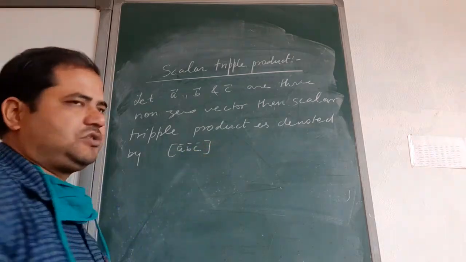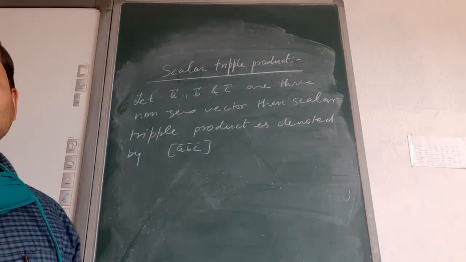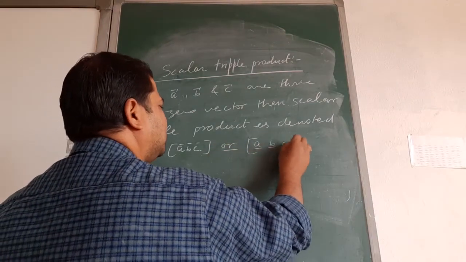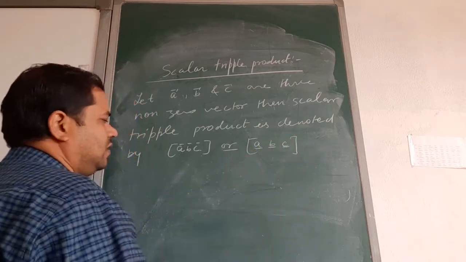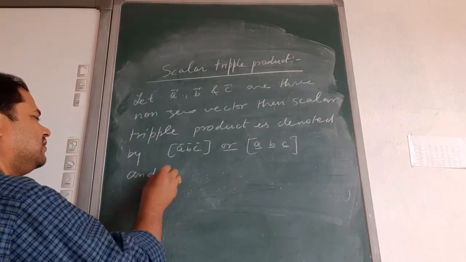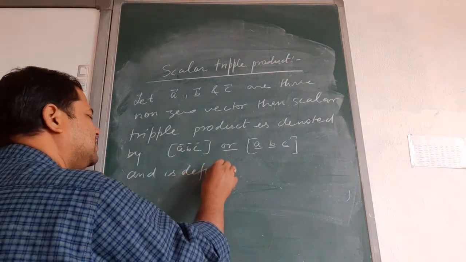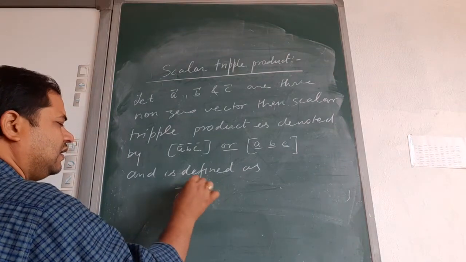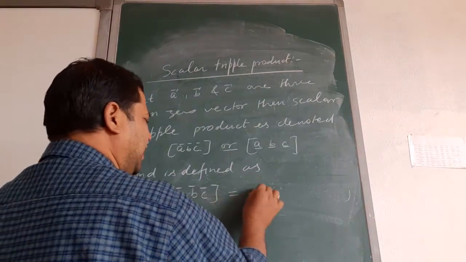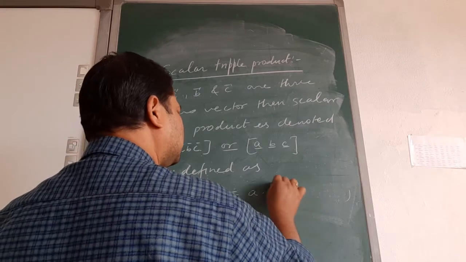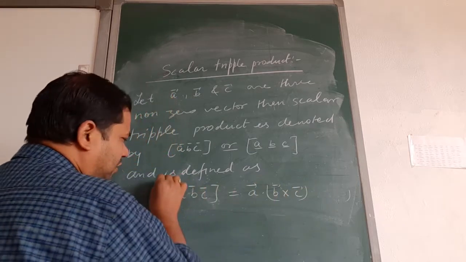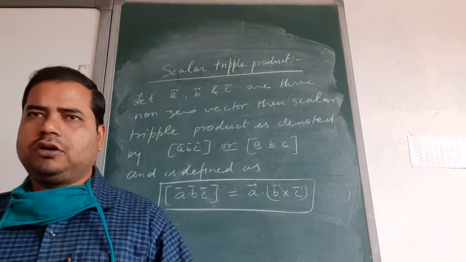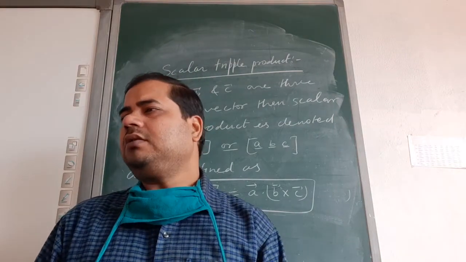There is no comma actually, okay? Only simply A, B, C, and it is defined as [A B C] equals A dot B cross C. That means you have to take the dot product of B cross C with A.